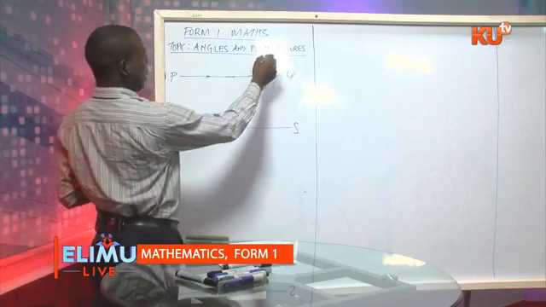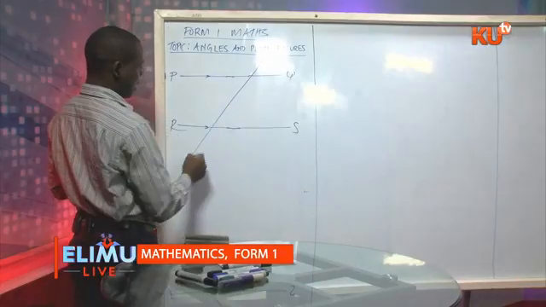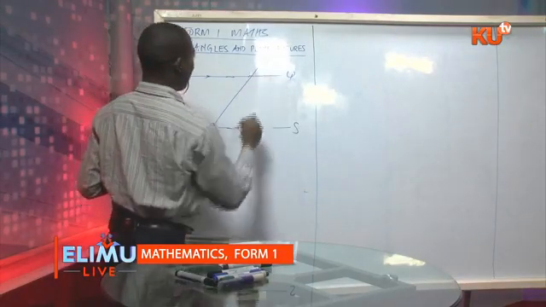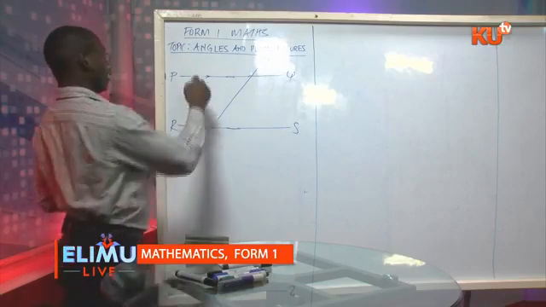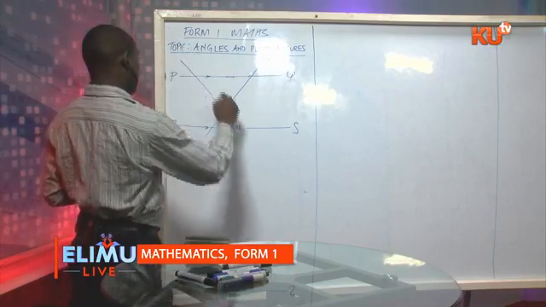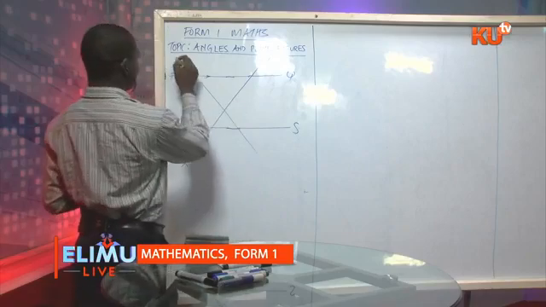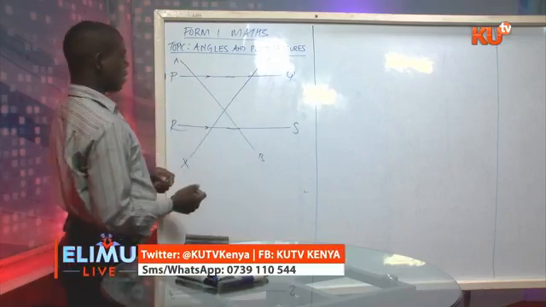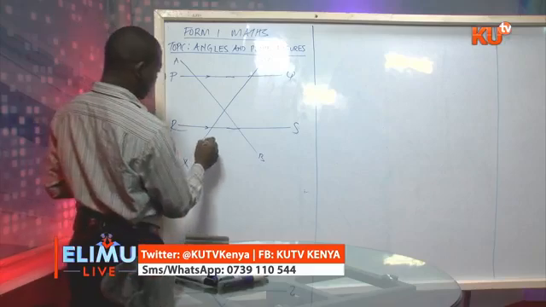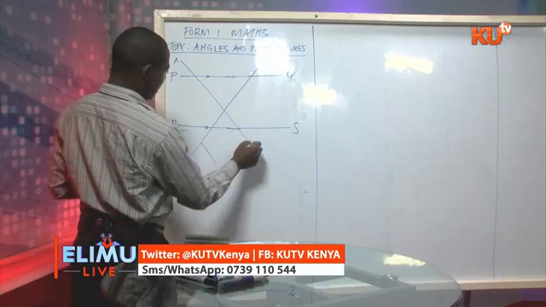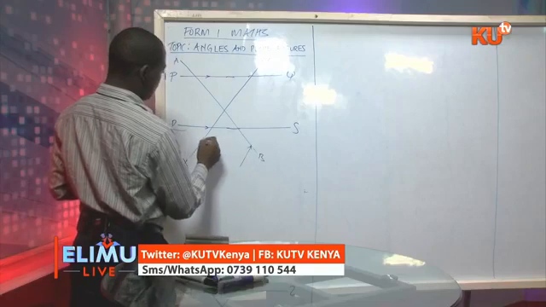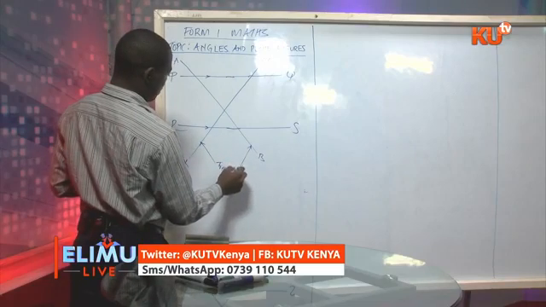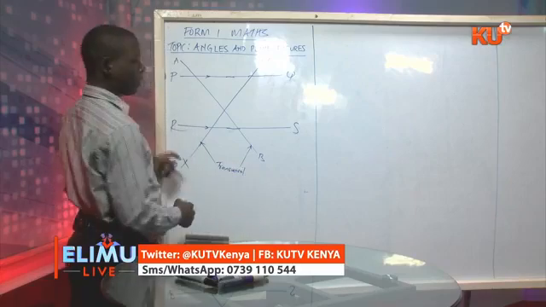Now, when I draw another line, let's say this is the line XY, or I draw another line at this point, let's call this line AB. The line XY and the line AB, these lines are what we call transversals.